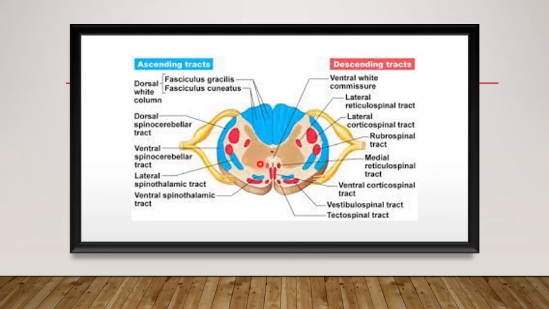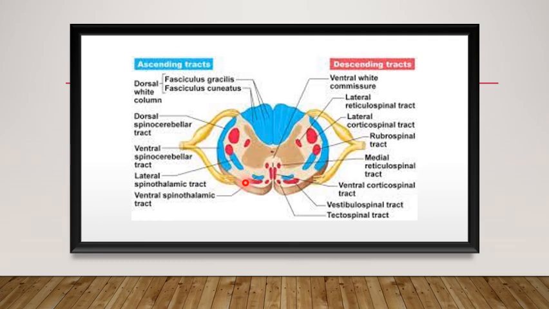Again, I'll repeat. ये आप देखिए, you should not get lost in this particular diagram. This is a transverse section. ये हम gray matter देख रहे हैं, यहाँ white matter है. We have already understood white matter के यहाँ पर क्या है? यहाँ पर myelinated and non-myelinated fibers are there, right? So what are these?